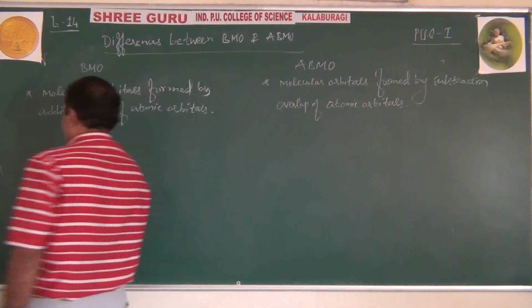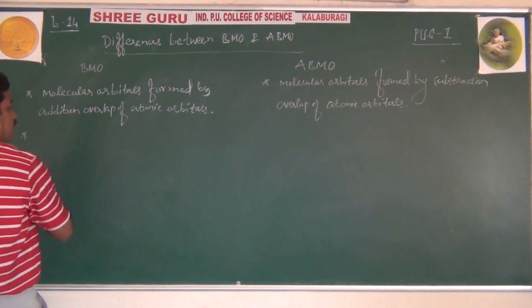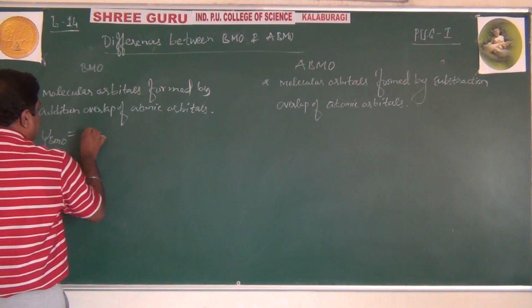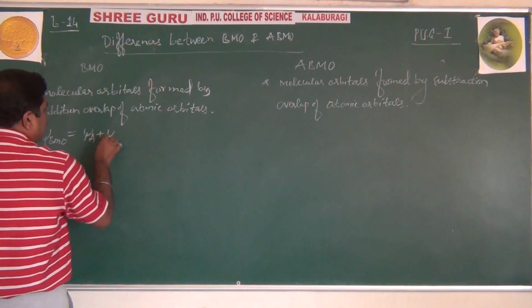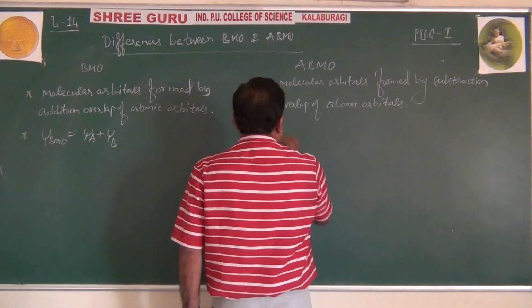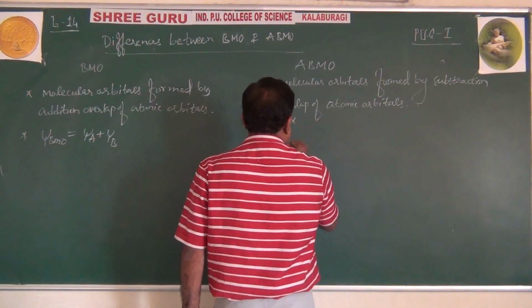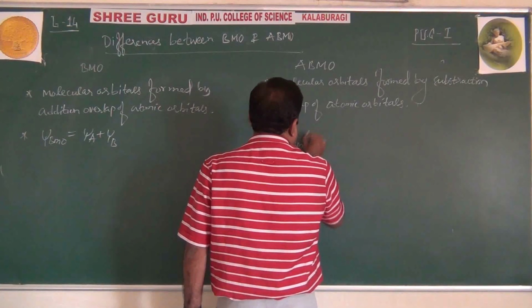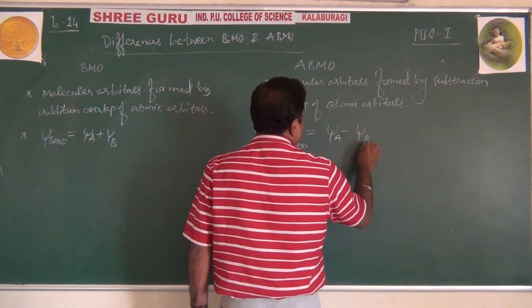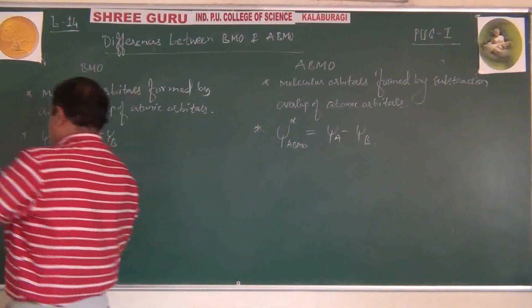Okay, the wave function is given by psi BMO is equal to psi A plus psi B. For the anti-bonding, psi star ABMO is psi A minus psi B. Next, electron probability density.